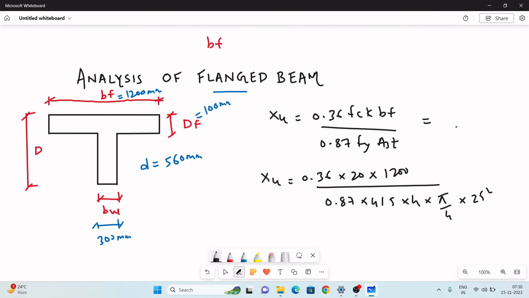So the value of XU after the calculation is 82.07 mm, which is less than the depth of the flange, and now we can verify that actually it lies in the flange, because XU is less than the depth of the flange.